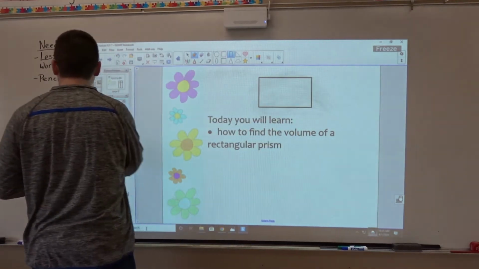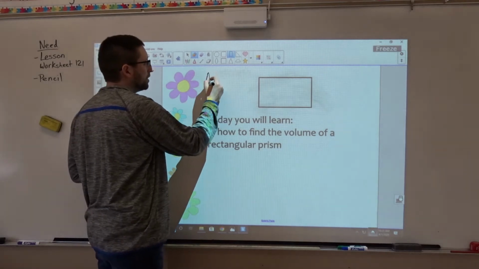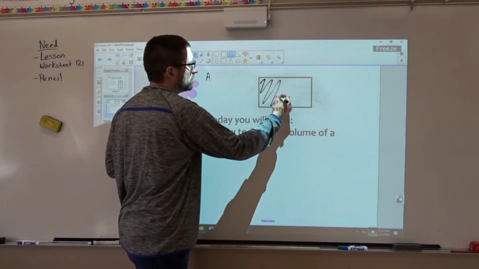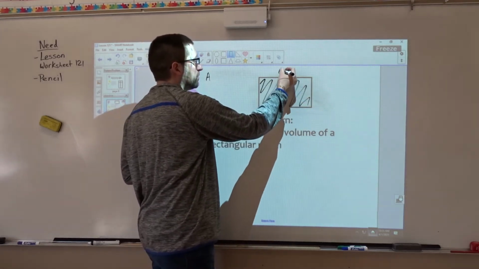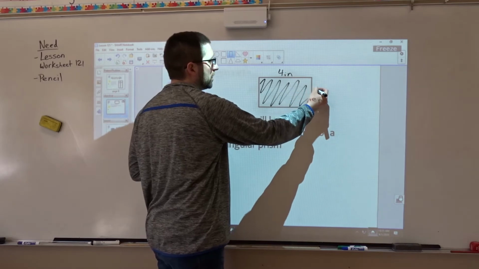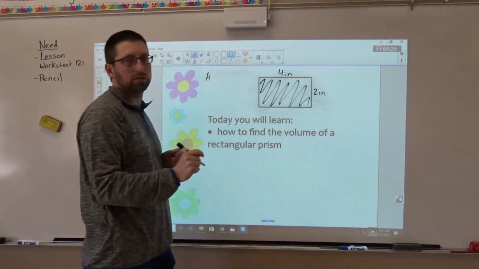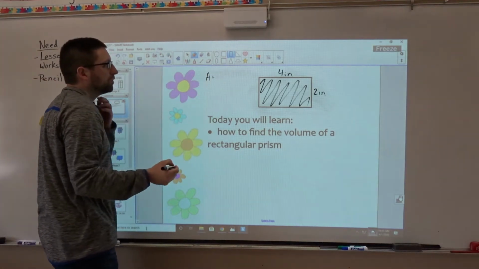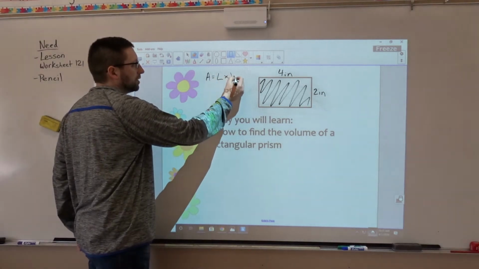The next thing we learned about was area. And area was how much space does this two-dimensional shape take up. So if this is still 4 inches and this is 2 inches, the length is 4 inches, the width is 2 inches, when we find area, we do length times width.